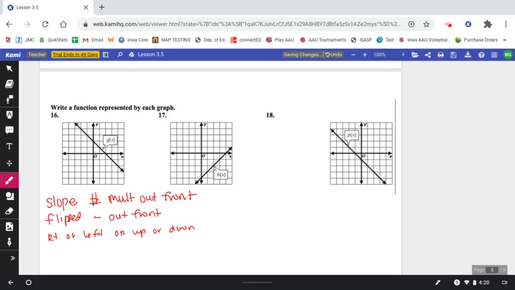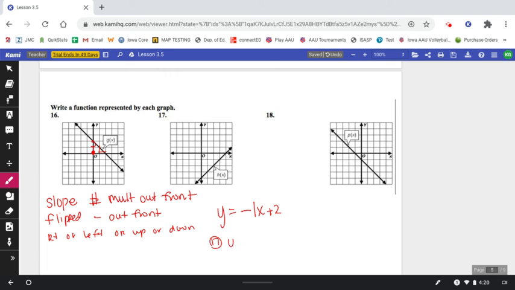Number 16 starts with a flip, because instead of going up from left to right, it's going down. I look at the slope and it's 1/1, so there's not going to be a number multiplied out front. And then here is my origin, and I can see that from the origin it's moved up 2, +2.